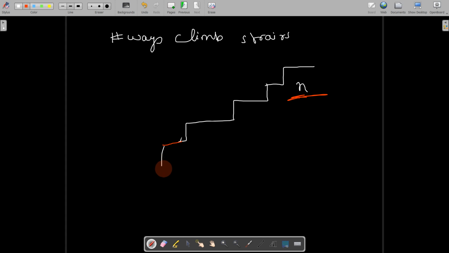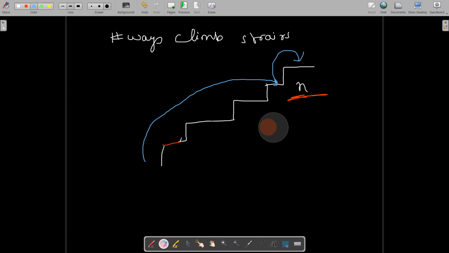So how will you solve this? Suppose we know in how many ways we can climb n minus 1 stairs. If you take one more step, you reach the nth stair.